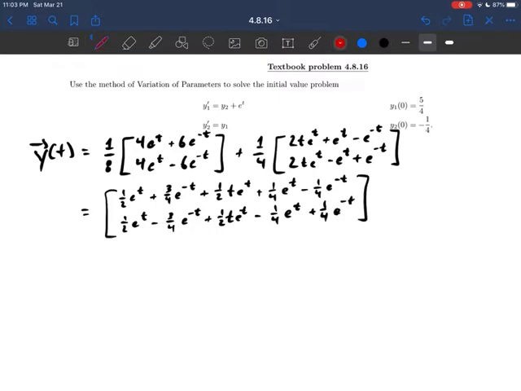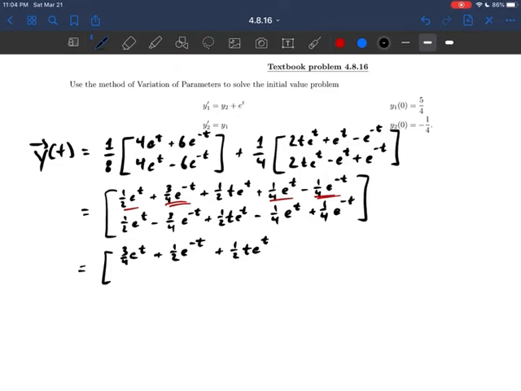There are some terms in here we can combine, so we have an e to the t here and here, and we have an e to the minus t here and here. And it's the same thing in the second row. So last but not least, well, second to last but not least, combining those together, we get 3/4 e to the t plus 1/2 e to the minus t plus 1/2 t e to the t.